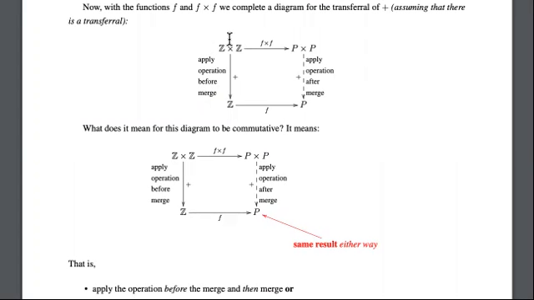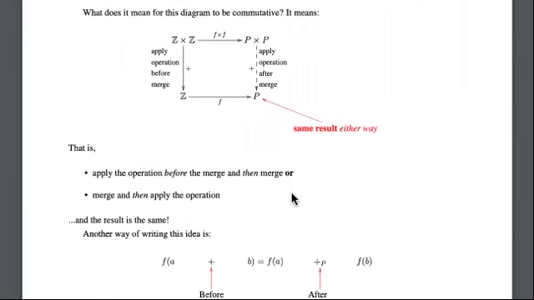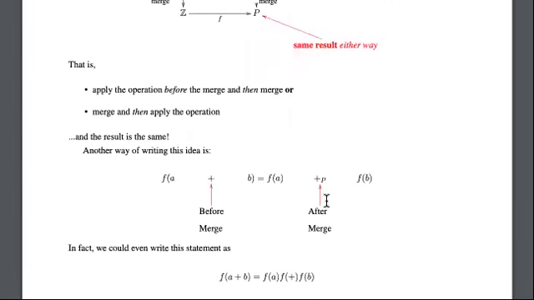Meaning that if we take the pair over here and look at the corresponding chunks and add among the chunks and get a new chunk, it should be the same result as if we added over here before we apply the function, and then apply the function, we get this chunk over here. This should work both ways. Basically, if we add before the function or after the function, we should always get the same result. We add before, we add after, we get the same thing.